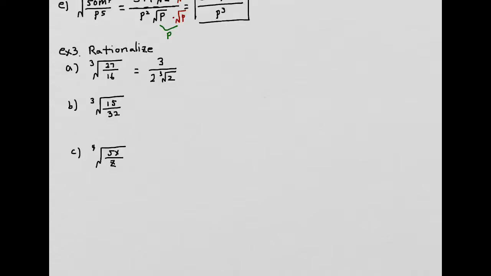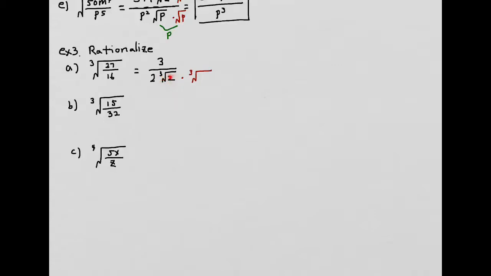Once it's all simplified, now you're going to decide what you need to multiply to get rid of the cube root in the denominator, right? You need to get rid of the roots from the denominator. That's rationalizing. So cube root means you need to have the same 3 numbers. How many 2s do you have already? Here. How many 2s do you have already? 1.